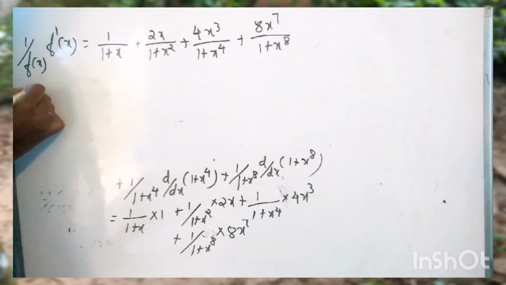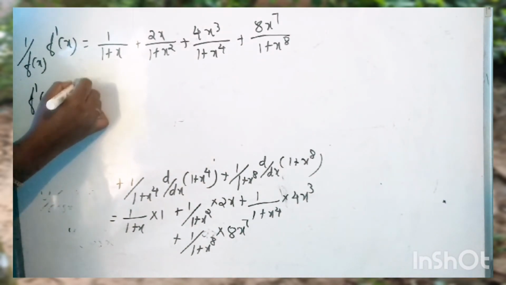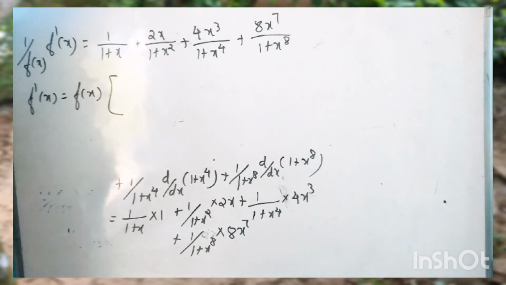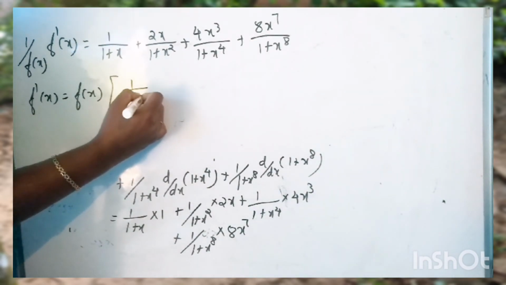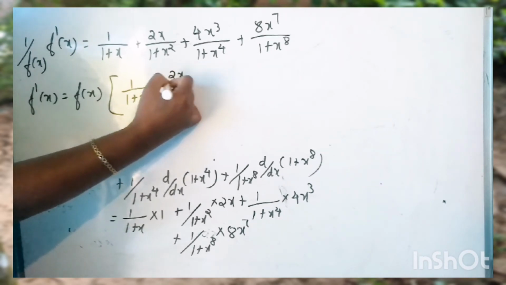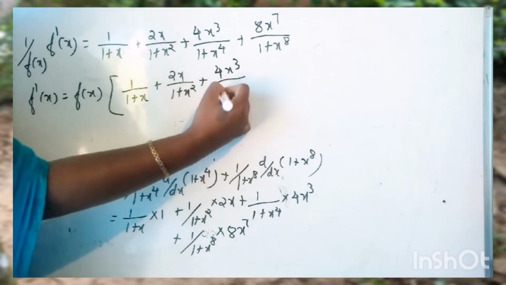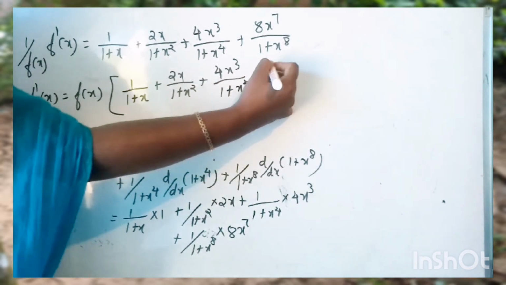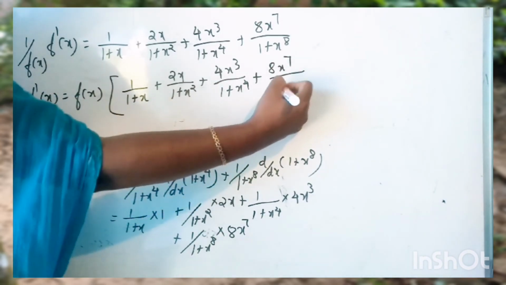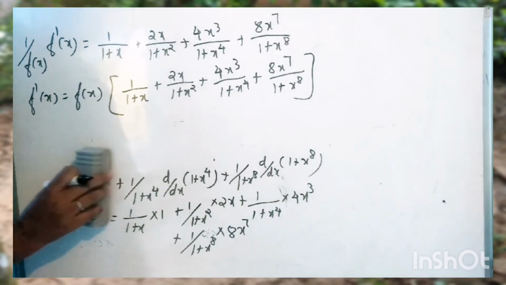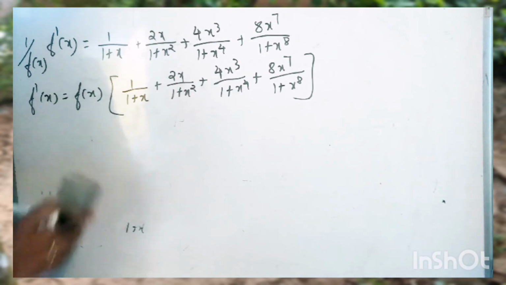Then we will get f dash of x is equal to f of x into 1 by 1 plus x plus 2x by 1 plus x square plus 4x cube by 1 plus x raised to 4 plus 8x raised to 7 divided by 1 plus x raised to 8. And what is our f of x?